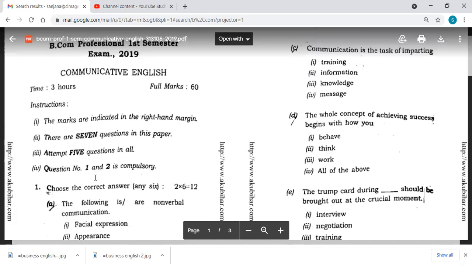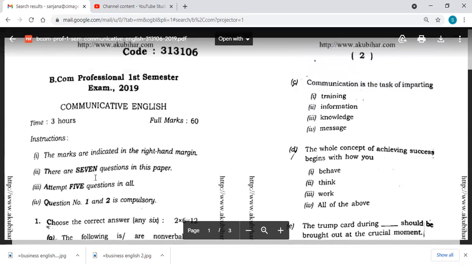Let's see. All right. Communication is the task of imparting training, information, knowledge, message. What is it? Message. Communication is the task of imparting. Think about it. You might think all the options, either information or message. No. In an MCQ, there's no either.